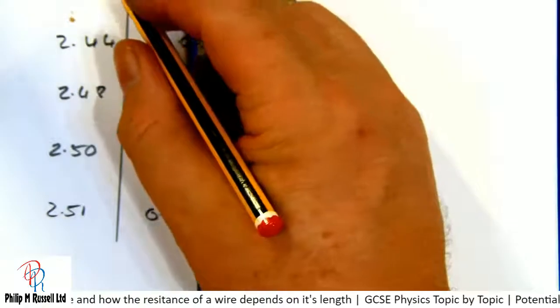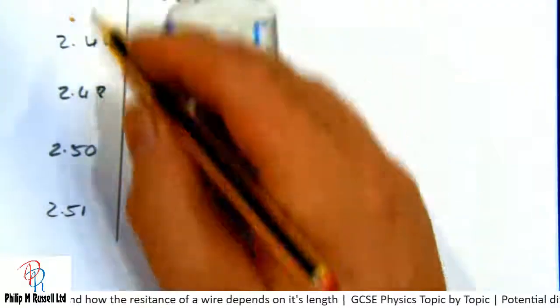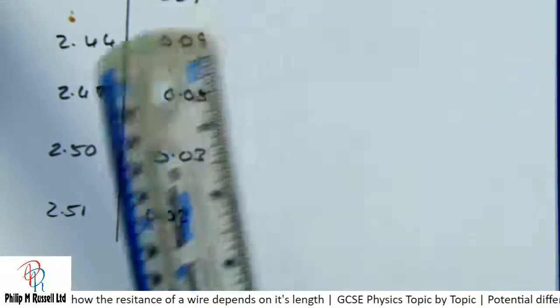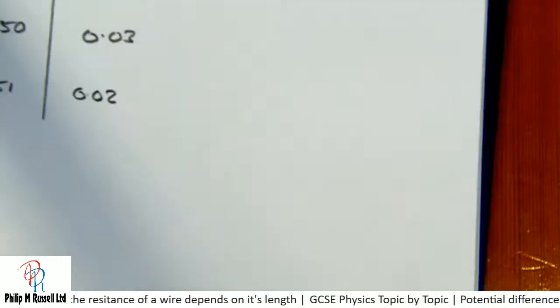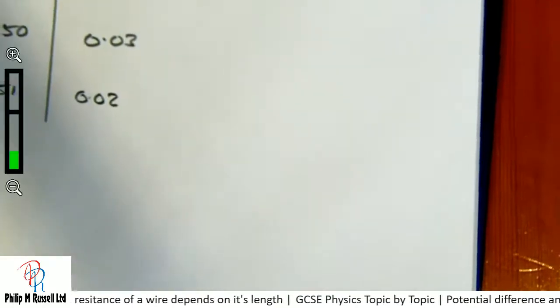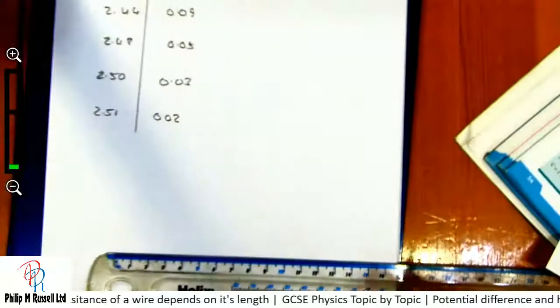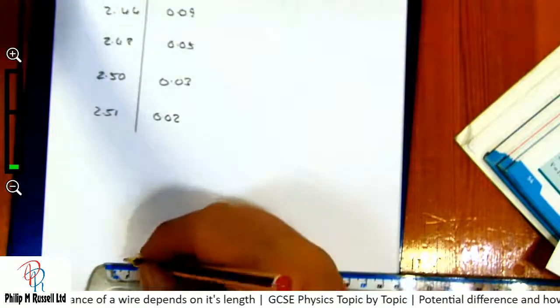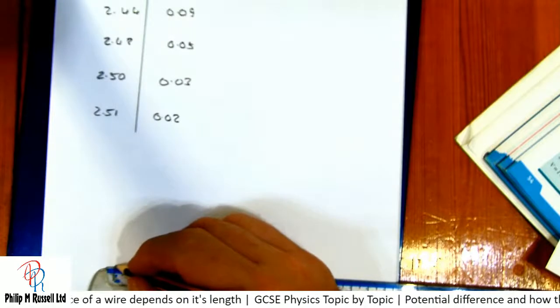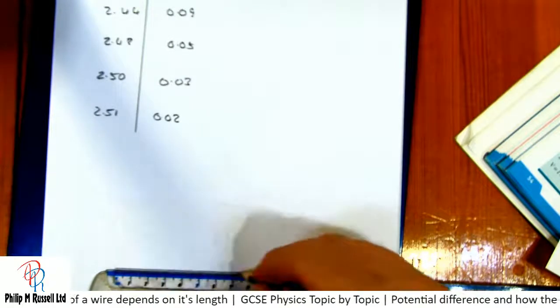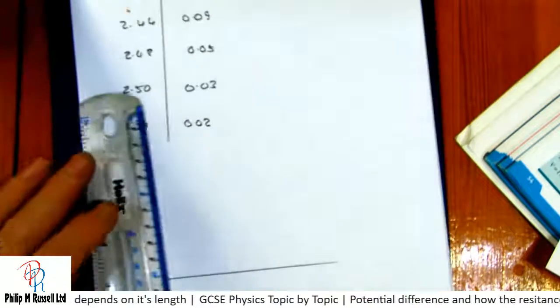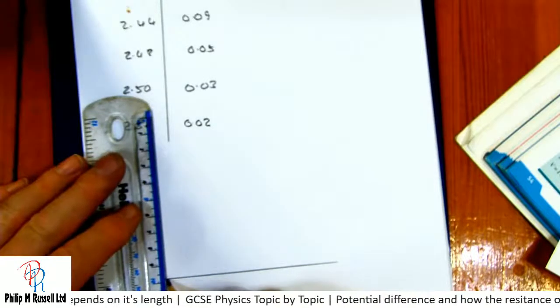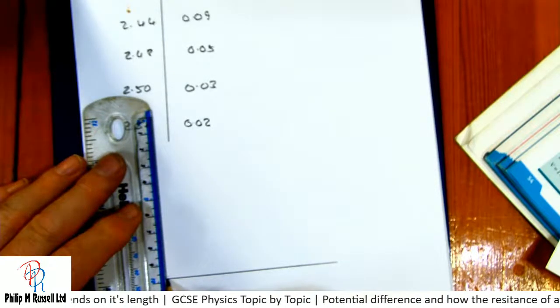So my voltage is going to go here, really, it's only going from 2 to 2.5. So let's draw this one in. I'm going to put my voltage along the bottom, and I can do this from 0, but it's not going to work that well.